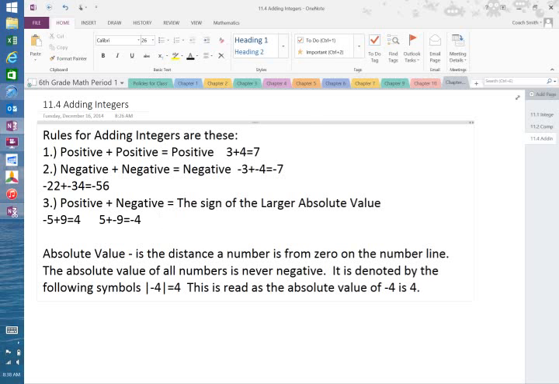So if we look at the screen there, we have -5 plus 9 equals a +4. What I want you to think about is this. Let's talk about absolute value for a second.